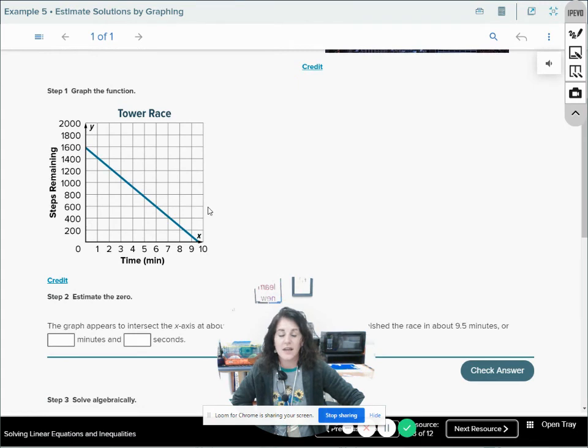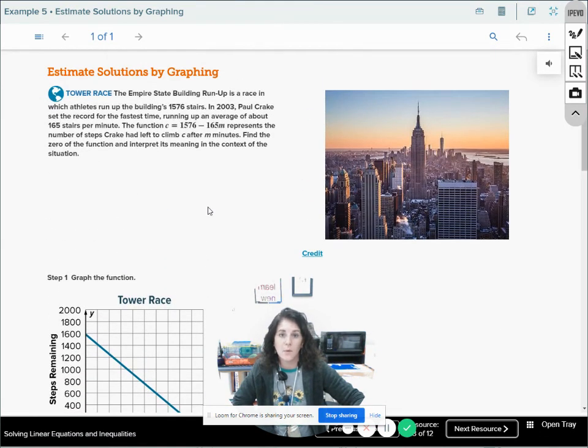Okay, so I just read that whole problem, and I'm going to be real honest with you. I have no idea what I just read, because as soon as I saw tower race and running up, I thought of the 5K that my sister-in-law is hosting. It's going on this month, and it's about raising money for breast cancer awareness.